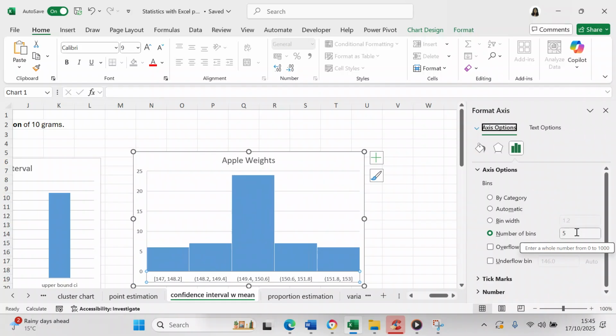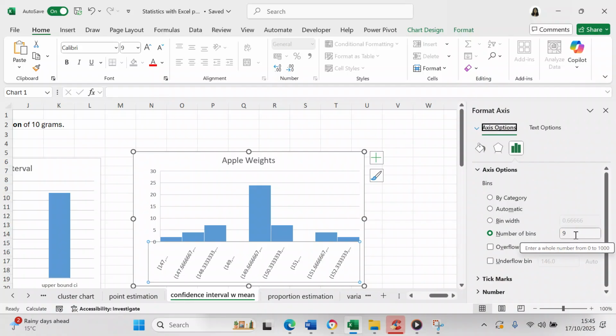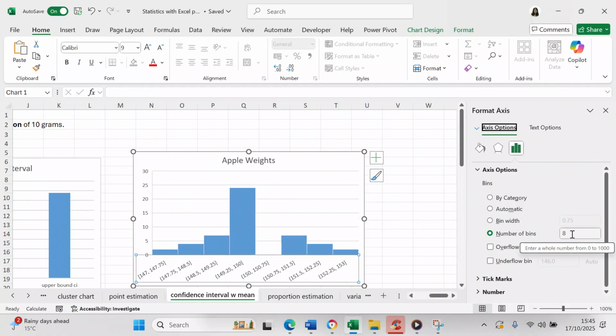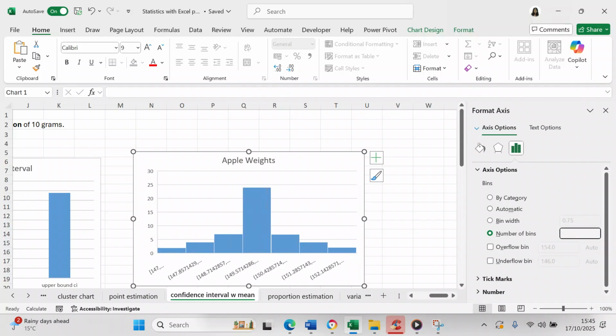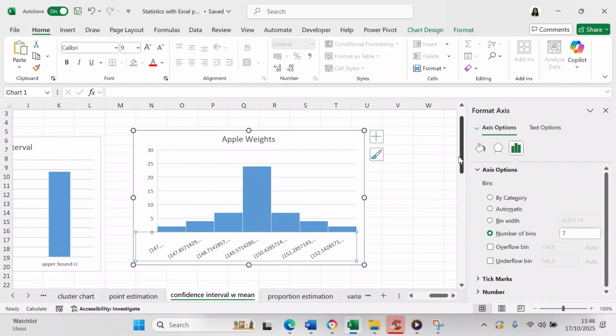Look at that, 5 bins. Let's just try 9 bins. Let's try 8 bins. Let's try 7 bins. So 7 bins resembles a normal distribution, sort of.